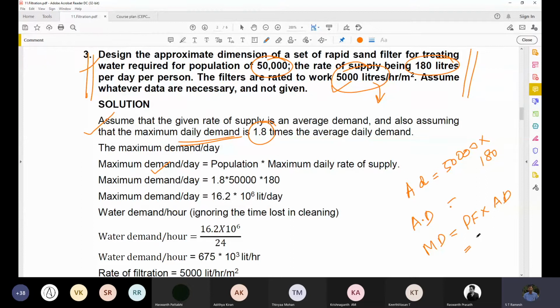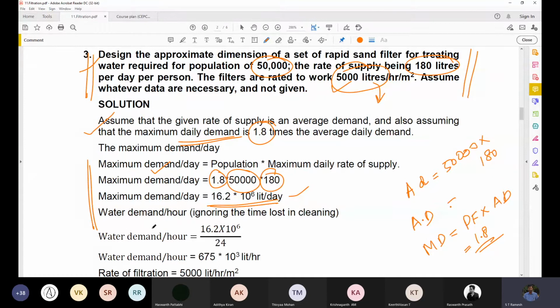So I have solved this in a single step, but just remember: average demand is equal to population multiplied by the rate of supply, and for maximum demand you multiply by the peak factor. So here it is 1.8 into 50,000 population, 180 liters per capita per day. Thereby the maximum demand is equal to 16.2 into 10 power 6 liters per day.